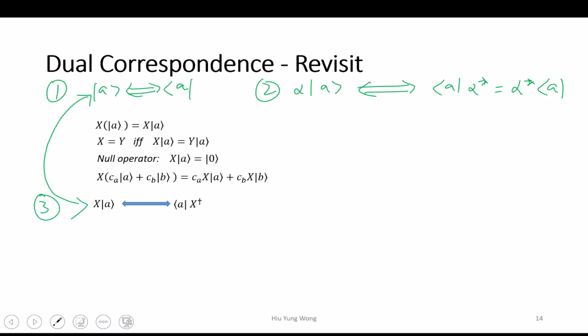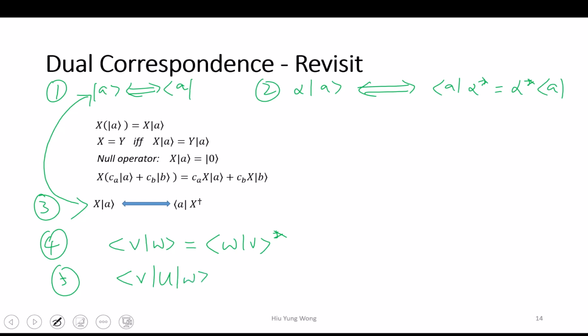And we also have learned a few important rules. The inner product of two vectors, if you swap them, you need to apply the complex conjugate. Also, you can prove it easily: if we apply an operator in this way, we sandwich the operator with the bra and cat.